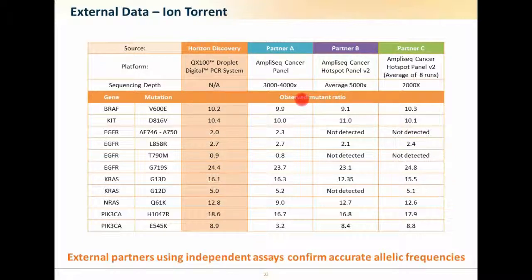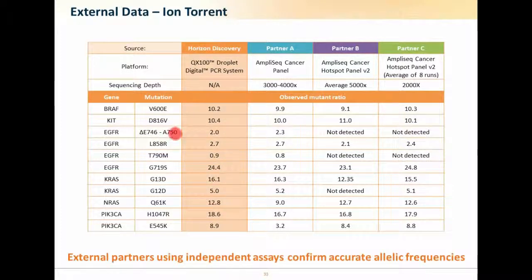What gives us great confidence in this reference standard is that there is a lot of consistency between the panels for the majority of the mutations. There are a few interesting results that were expected.